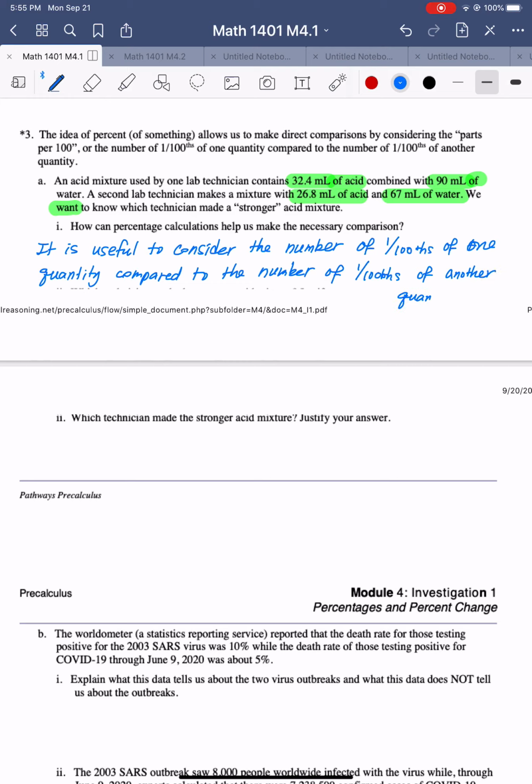So you can easily see which one has a higher percentage than the other.